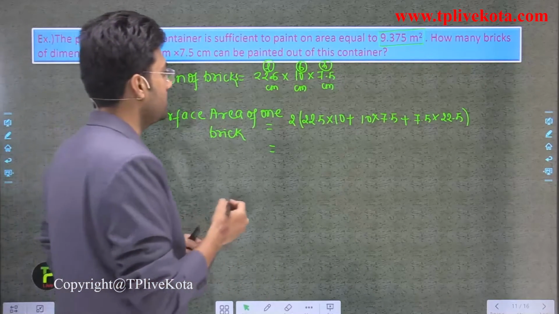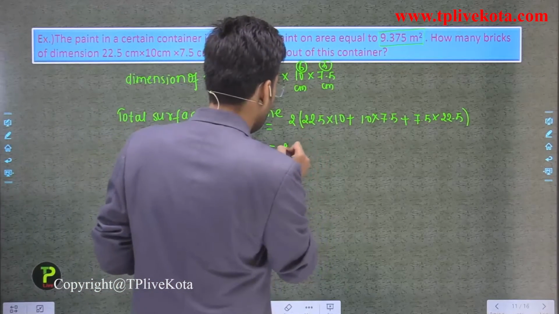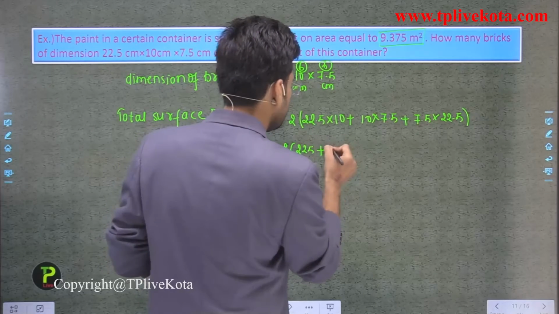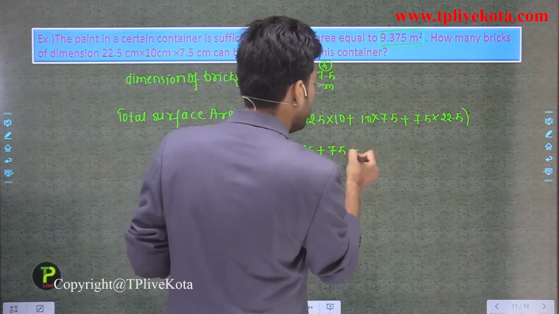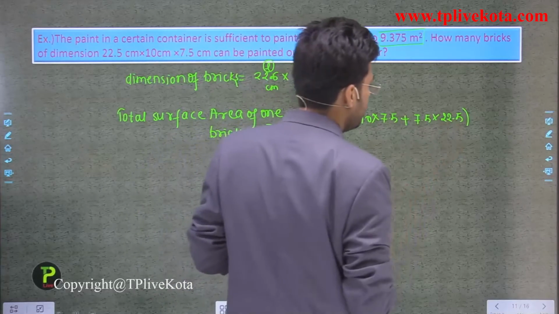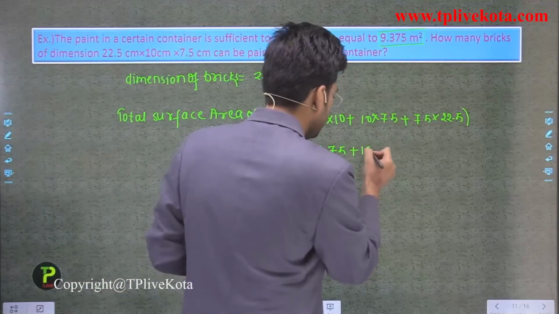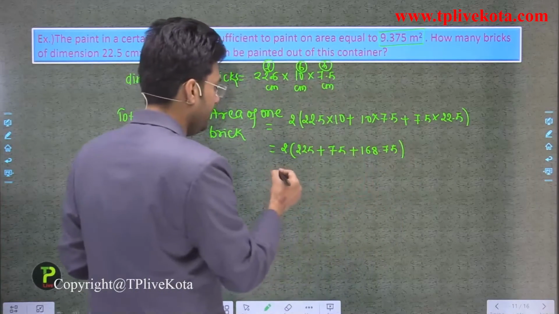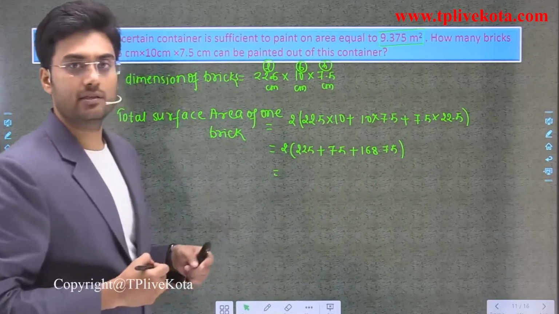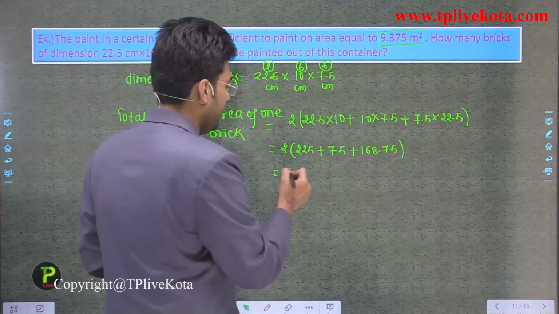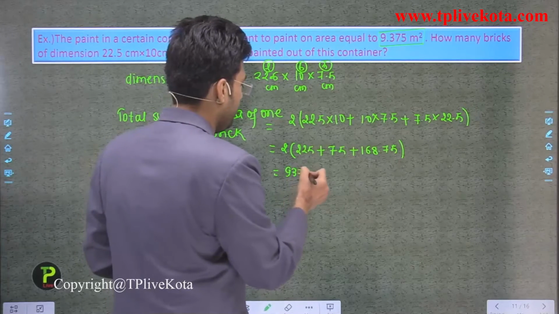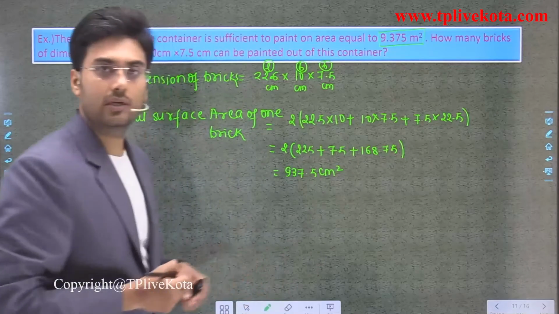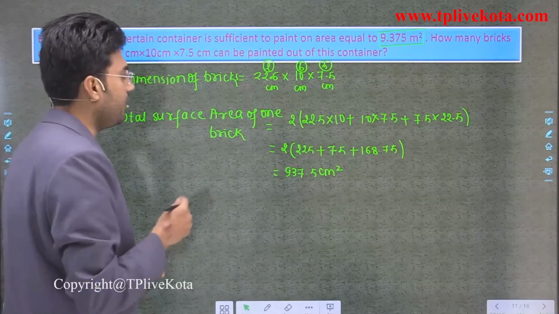This is equal to 2 multiplied by 225 plus 75 plus 168.75, and by solving this we will get 937.5 centimeter square. Clear?